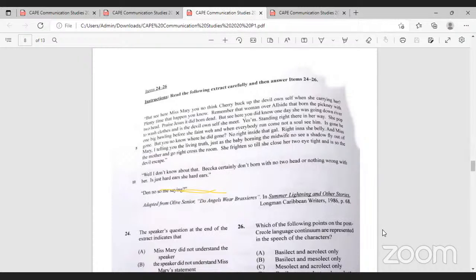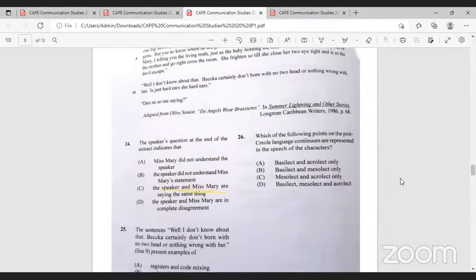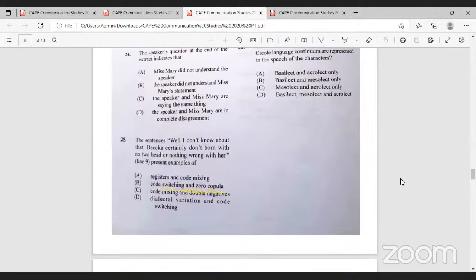I don't see anything to suggest that there is acrolect. I would say that it is just basilect and mesolect, right? So that would be B. There's nothing that is straight perfect English. So 24 we said A, 25 we said C, and 26 we said B, right?